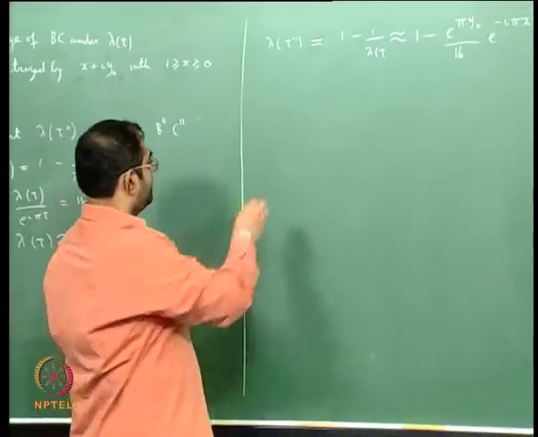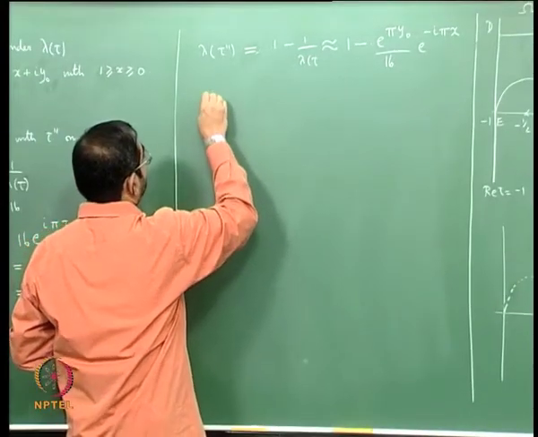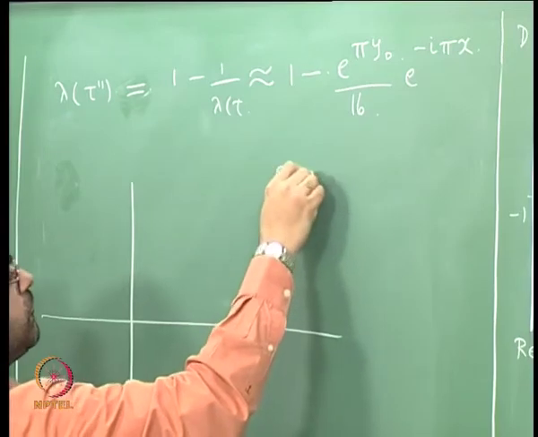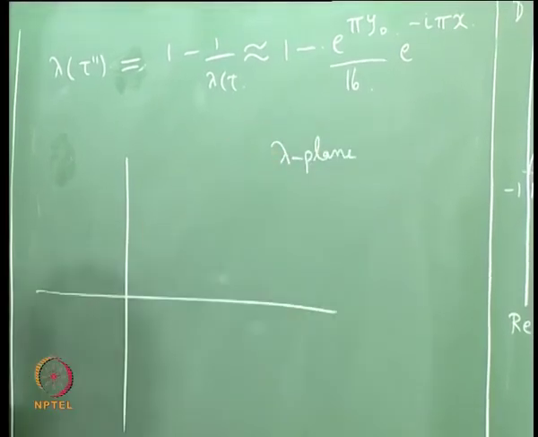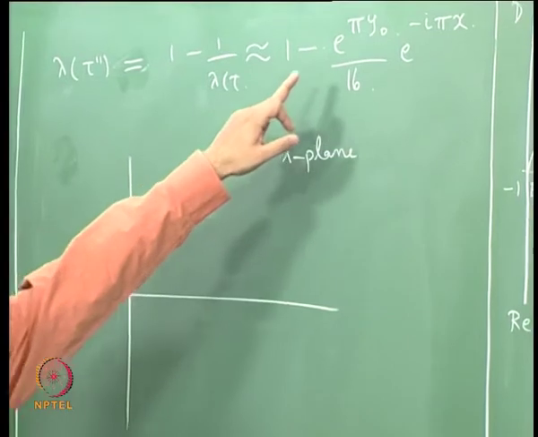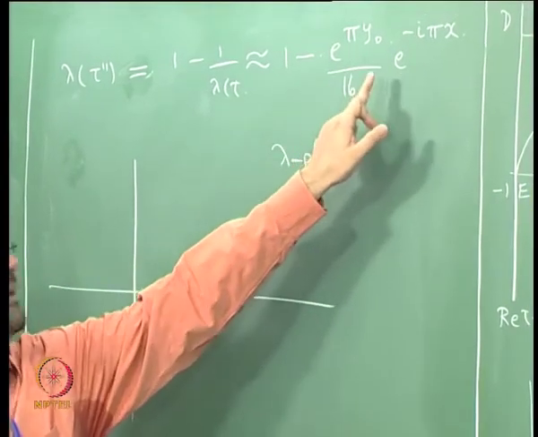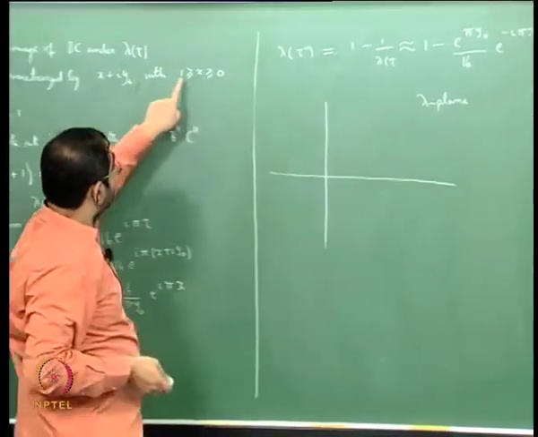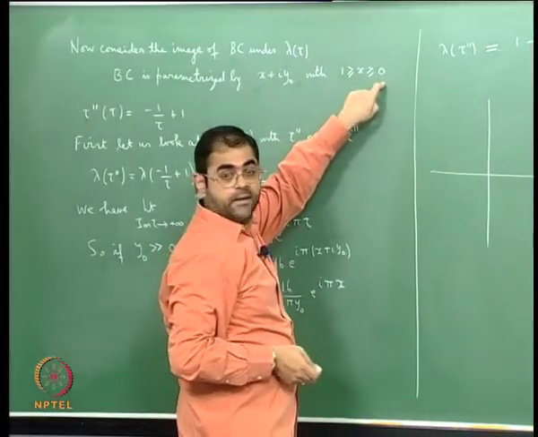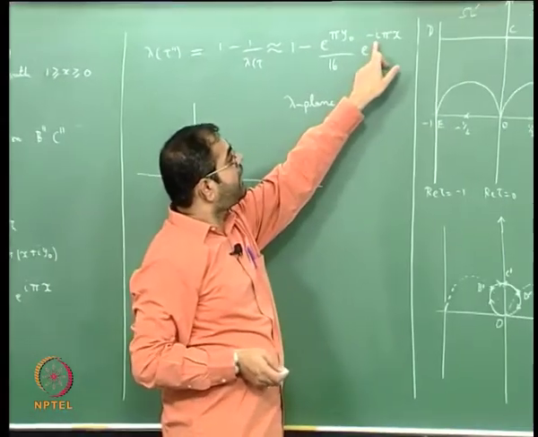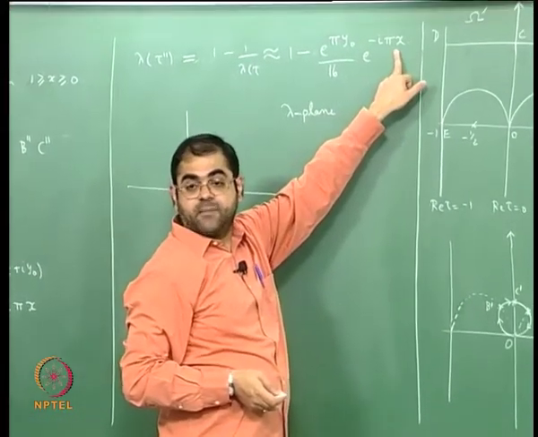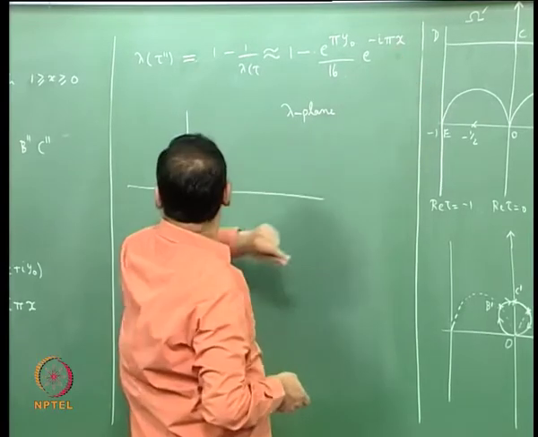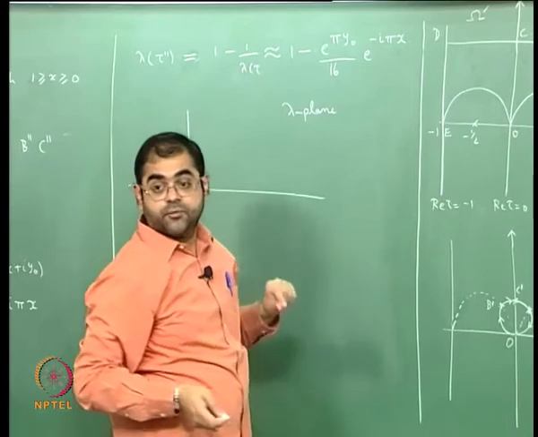Now go back and look at the lambda plane. If I look at e power pi y naught by 16 into e power minus i pi x and let x decrease from 1 to 0, then minus pi x is going to increase from minus pi to 0.